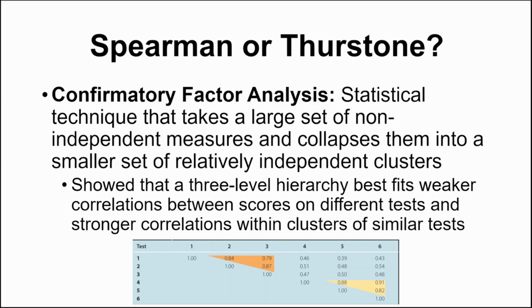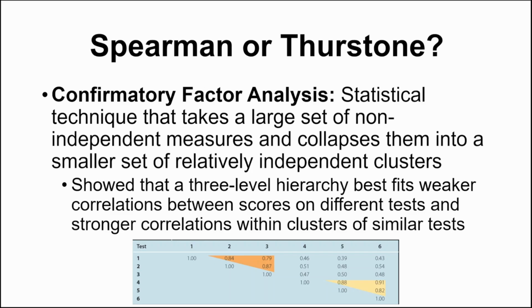Now, back in section 1, when we were talking about factor analysis, we talked about the statistical technique in general. We said that it looks at a large data set where we have a bunch of non-independent measures. In this case, those non-independent measures would be our individual scores across multiple different types of cognitive tasks.